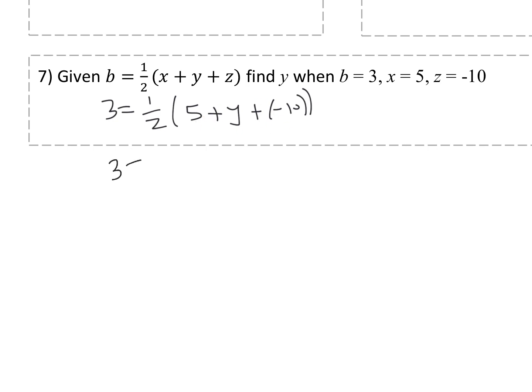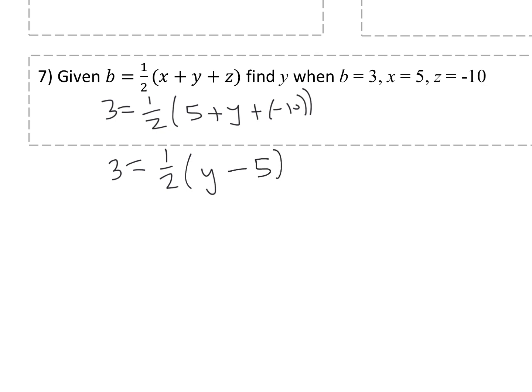So let's say 3 equals a half. If we add minus 10, we're taking away 10. So we've got a 5 here, and we're taking away 10. The y we can't deal with, it's not a number, so we'll just leave it for a second. There's no other y's in the bracket. But the 5 take away the 10 we can do. 5 take away 10 is minus 5.